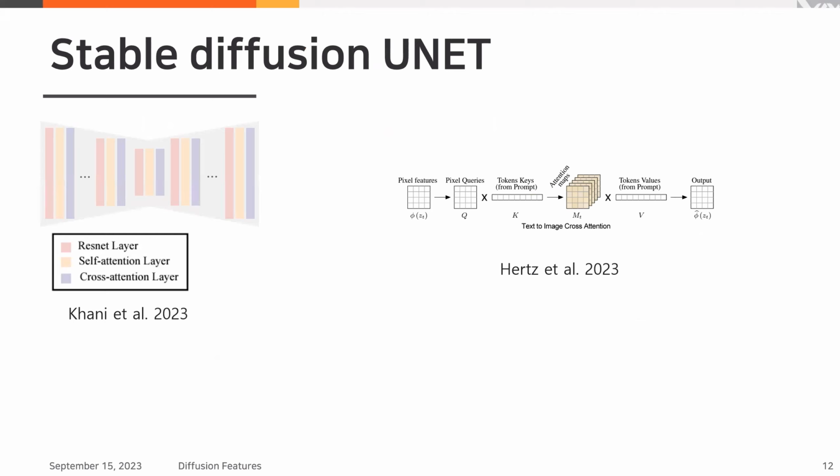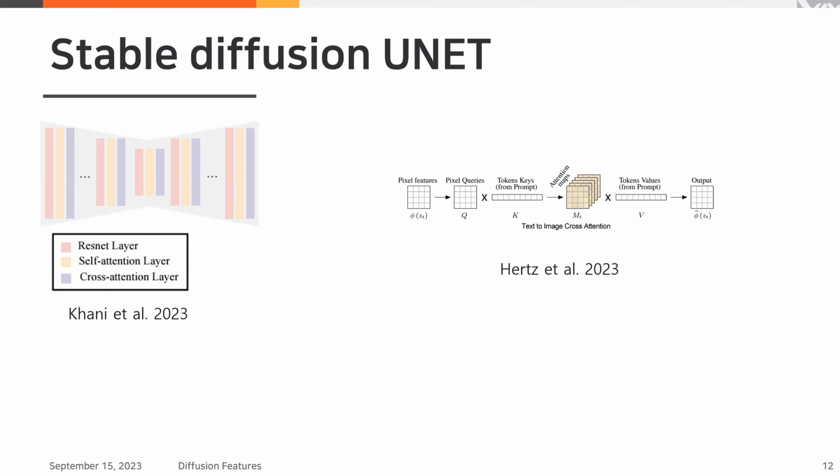Also, I will briefly explain the UNet of Stable Diffusion, which performs the denoising, also called the backward process. First, as you can see, the model has the shape of a UNet, decreasing the width and height while increasing the channel size up to a certain level and then increasing again.